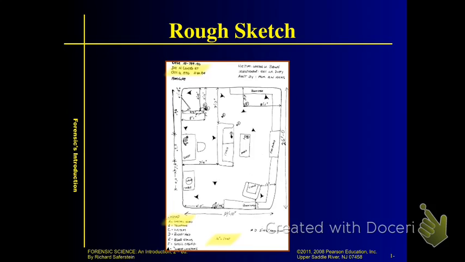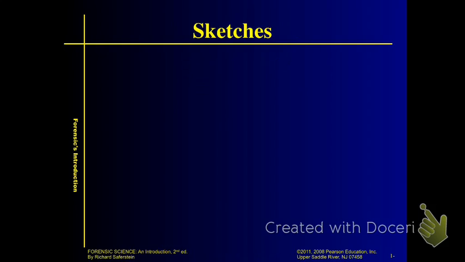So how big is this compared to the actual scene? And then something that is difficult to see here, but at some point should be included, is a compass arrow that's pointing north. So date, time, location, compass, key, and scale. Those are the things that need to be included in any sketch, rough sketch or a final drawing.